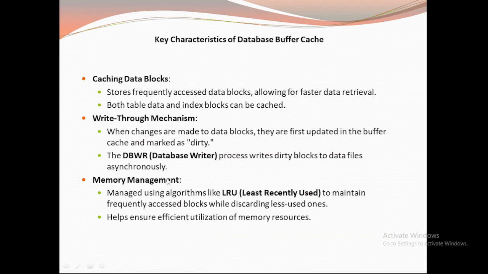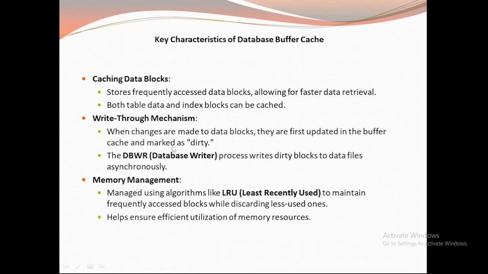Key characteristics of the database buffer cache. Caching data blocks: it stores frequently accessed data blocks, allowing for faster data retrieval. Both table data and index blocks can be cached here. Write-back mechanism: when changes are made to data blocks, they are first updated in the buffer cache and marked as dirty.